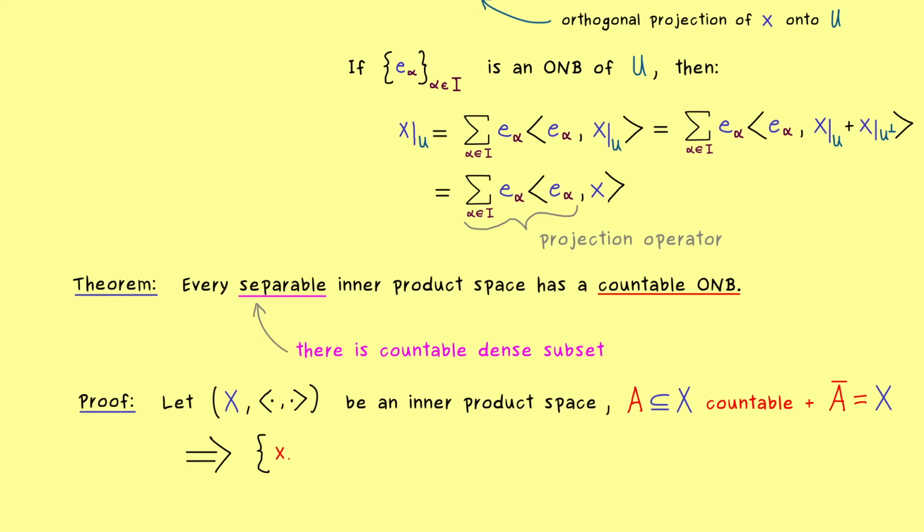Which also means that we can list the elements as x1, x2 and so on. And then we either get a finite set or a countable infinite set. And now I actually just want to look at a subset of A which is linearly independent.